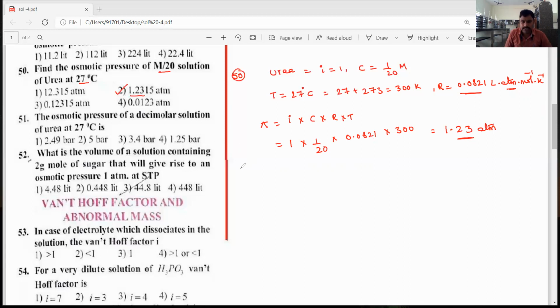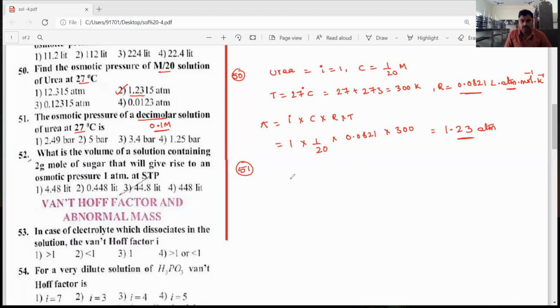Okay, dear students, let's see the 51st question. The 51st question is also the same. Decimolar solution is nothing but 0.1 molar. Now the urea is at 27 degrees centigrade. Then we need to calculate the osmotic pressure.